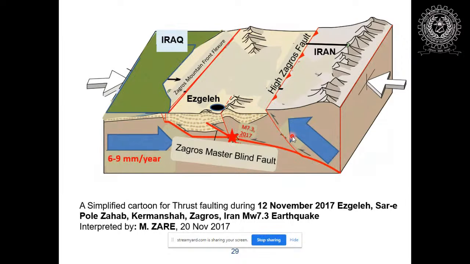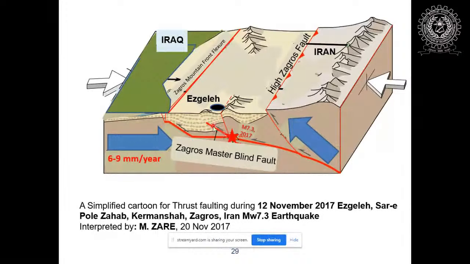As you see, the fault rupture never reached the surface because it was a rupture in the crystalline basement of Zagros.